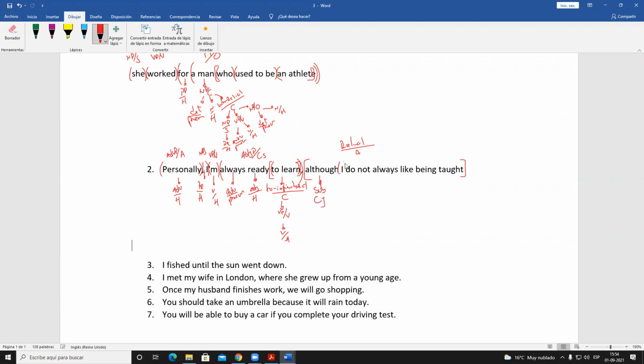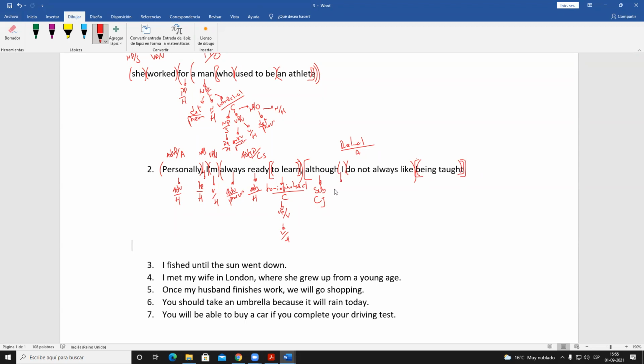And then I is the subject. I do not always, I don't always like. Like what? Being taught, right? I like, you like, he likes. Sí, así funciona, ¿cierto? Sí, sí. Being taught is a clause. And inside of this, we have a verb phrase.